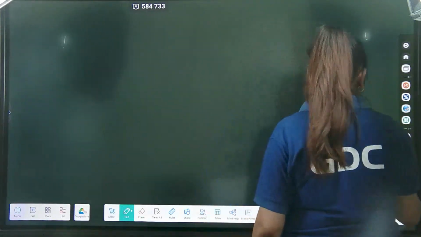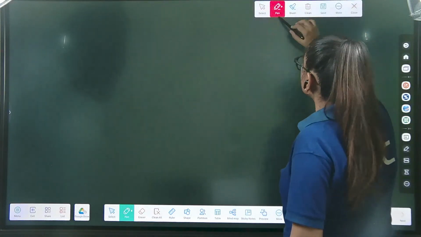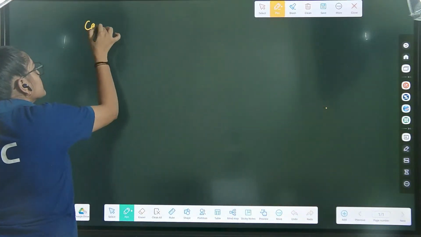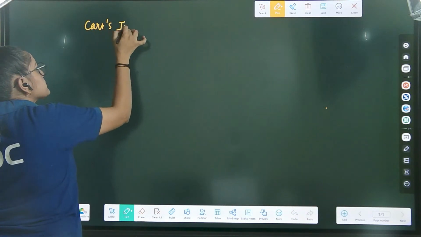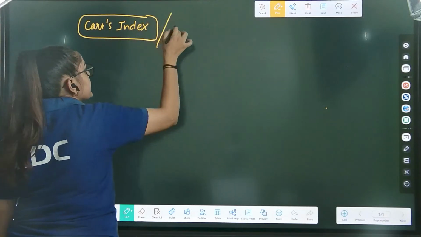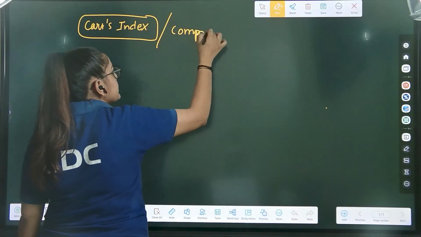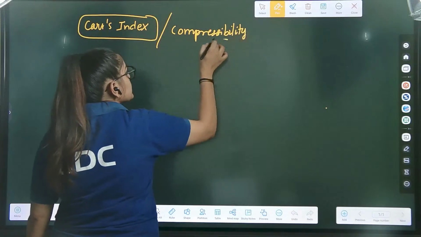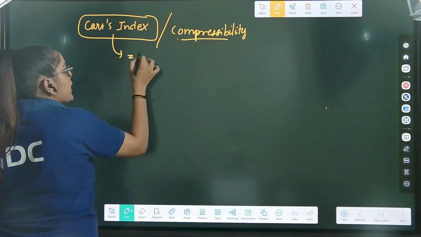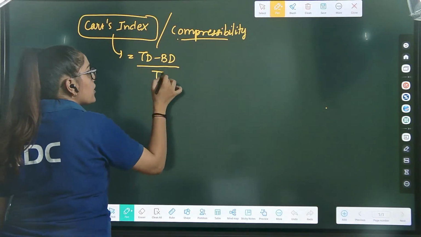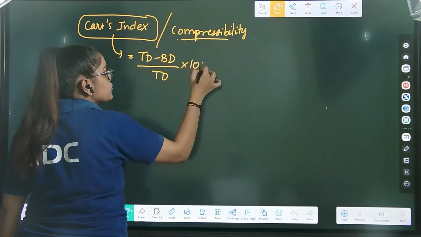Carr's index method, or compressibility index: tap density minus bulk density upon tap density into 100.